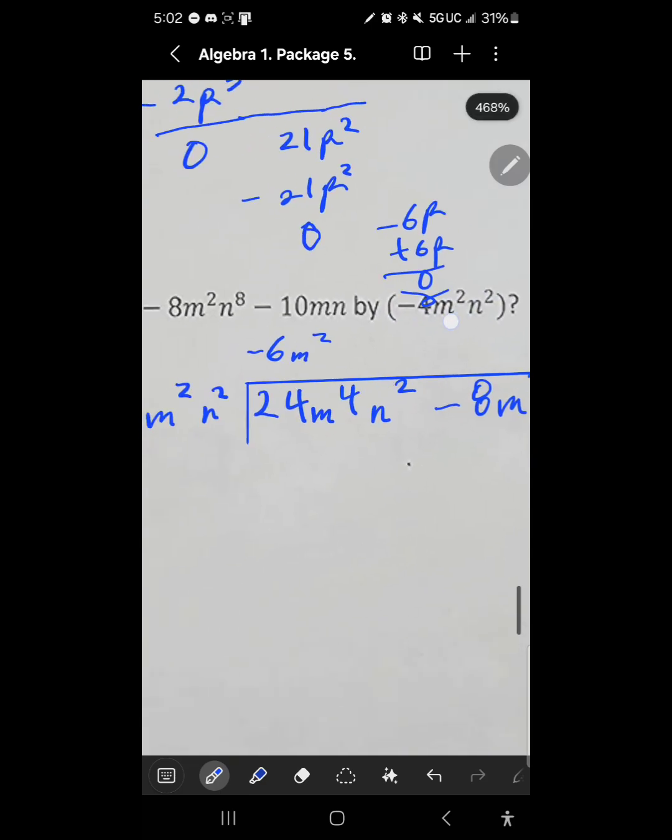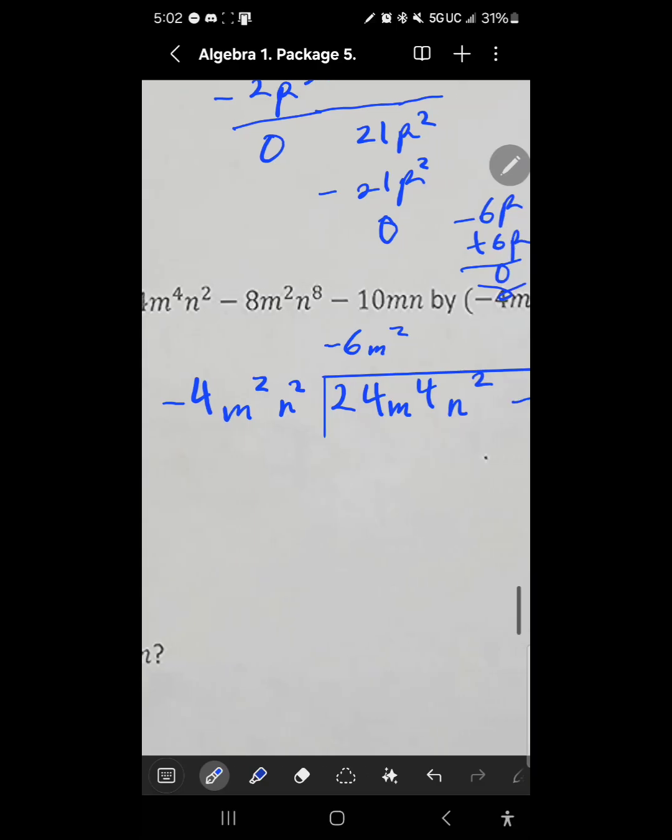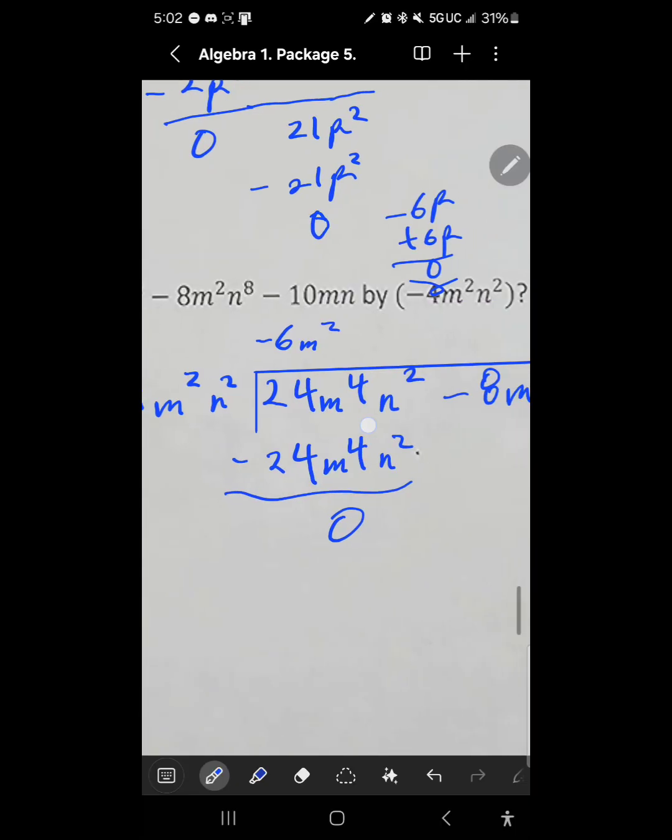Now here, so negative 6 and negative 4 is 24, M2 N2 N2, and then we use 1 times N2 N2. So then we put the opposite sign here. It becomes 0.